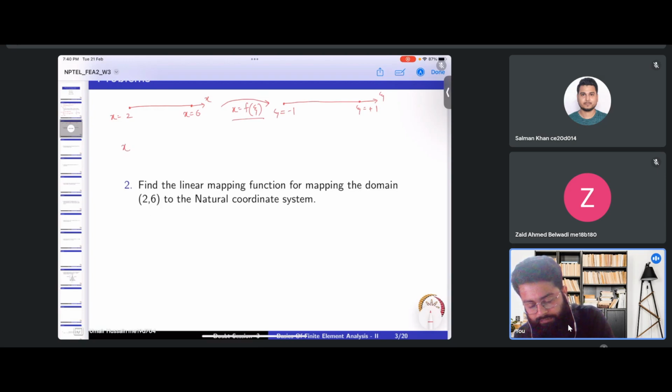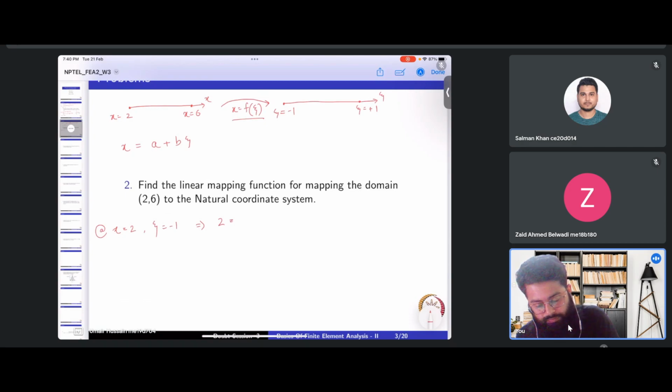So we assume a linear function between x and zeta. So we know at x equals 2, zeta equals -1. So we substitute this into the equation above.